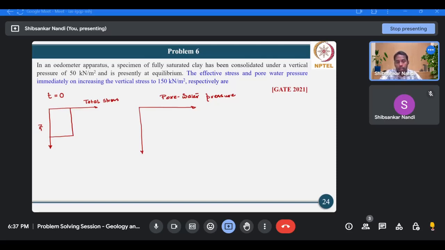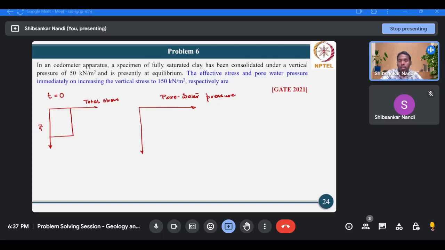Okay, the spring analogy that we have mentioned at the beginning of this session. So when the load is immediately applied and the water behaves as an incompressible material, all the pressure which is applied will be taken by the pore water only.